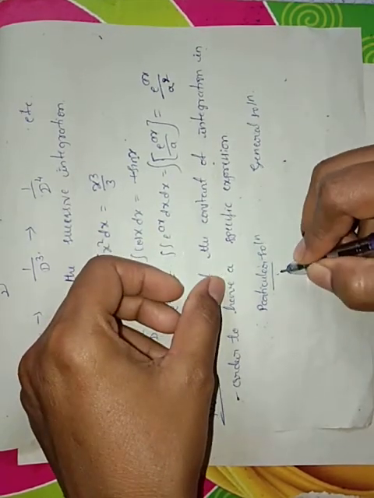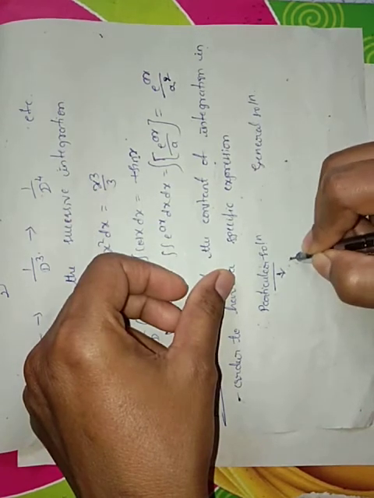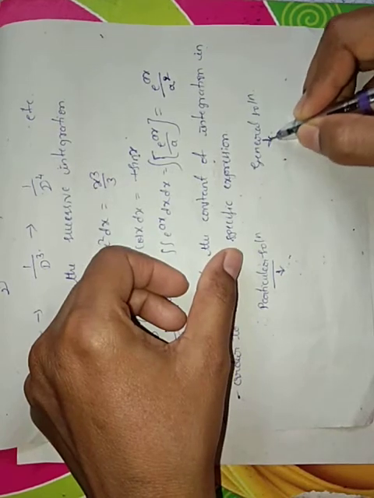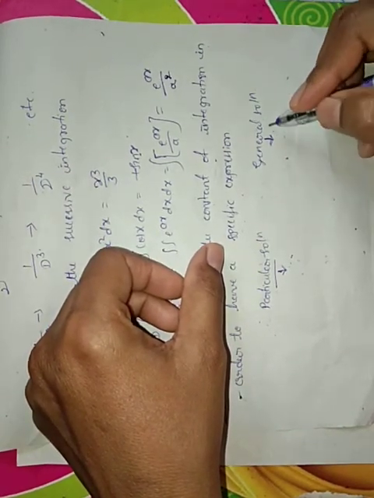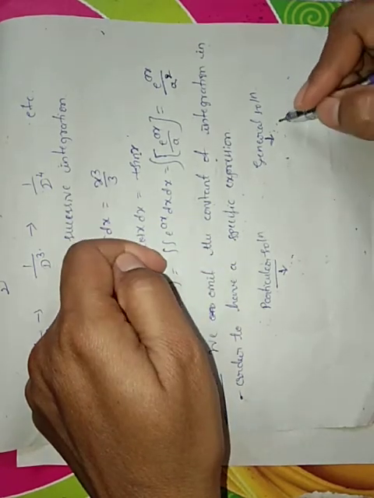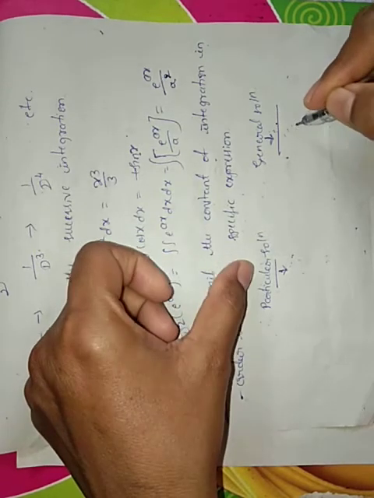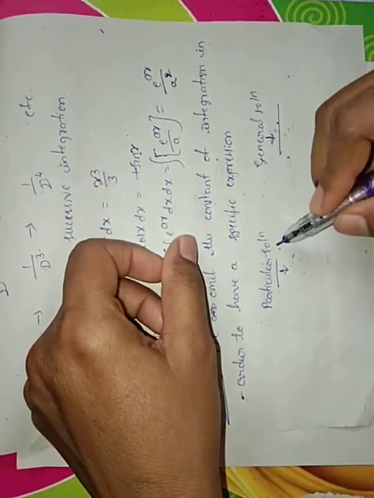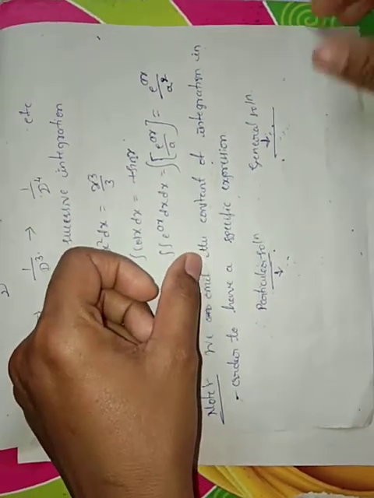A particular solution is the solution of the given differential equation which is free from arbitrary constants. A general solution is the solution of the differential equation which includes the arbitrary constants.